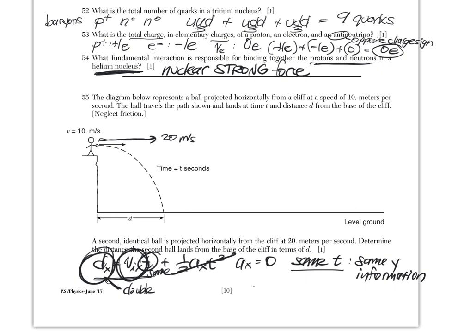With the new speed at 20 meters per second, it's going to go twice as far. 2d for 55. You could set up a table for horizontal projectiles, but you don't really need to for this question. You do need to realize that the time remains the same. So it's the same time, but throwing it twice as fast forward means it's going to go twice as far. So that's 55. All right.